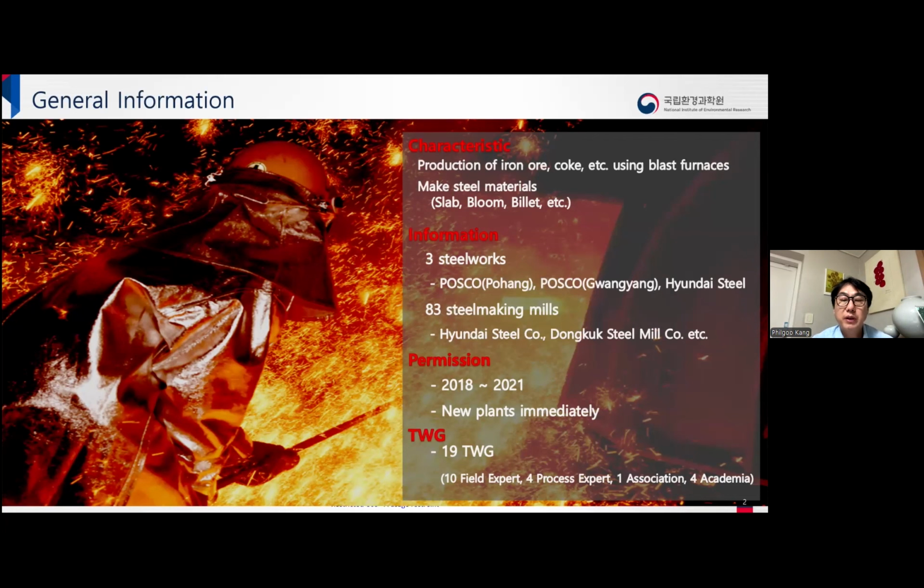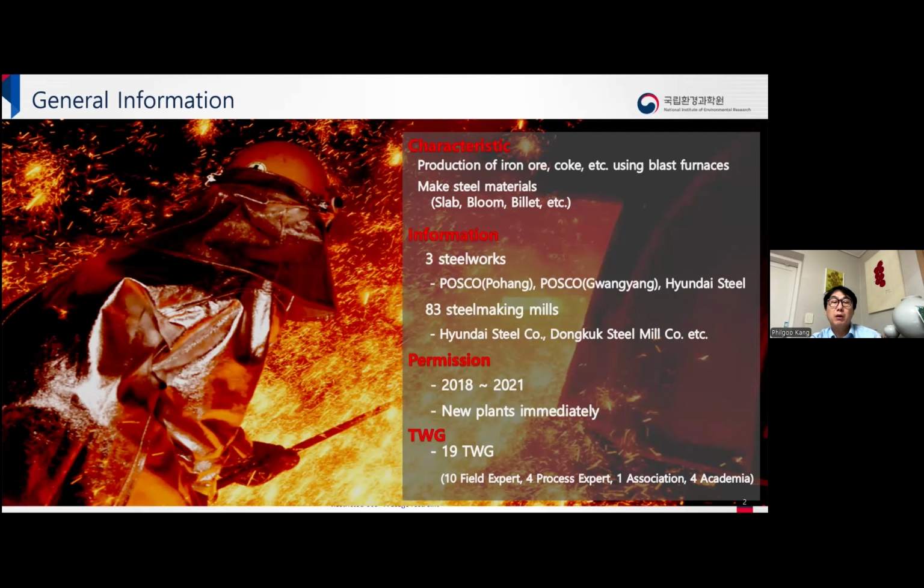Steel manufacturing is an industry that makes steel by melting iron or coal and coke using a furnace. Korea has three steelworks and 83 steelmaking mills under integrated permission. Currently, the steel manufacturing industry has received integrated permits using our first BREF from 2018 to 2021.